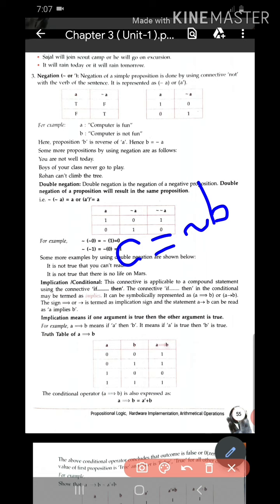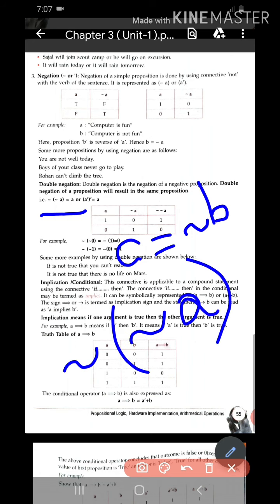Means again not, so not will be cancelled. See, in this case it is double negation. In this form, if I am writing negation of negation of A, it is double negation. When we are writing double negation, it will be cancelled.